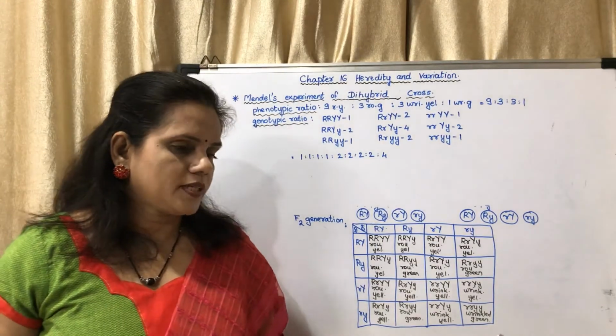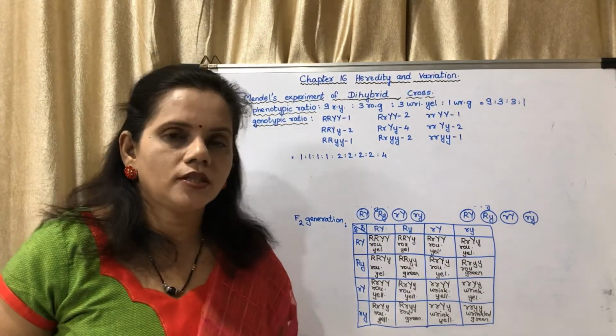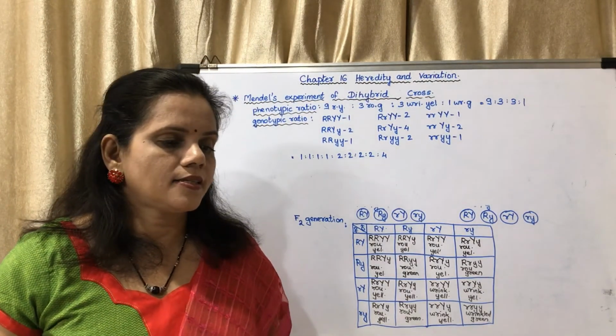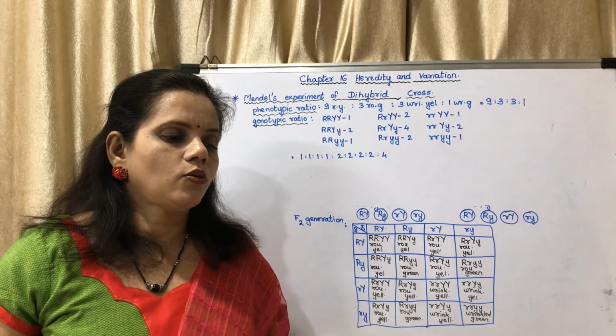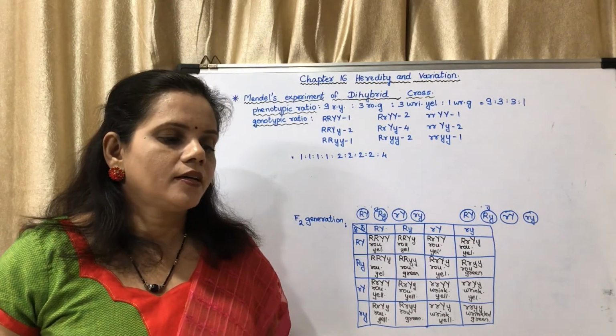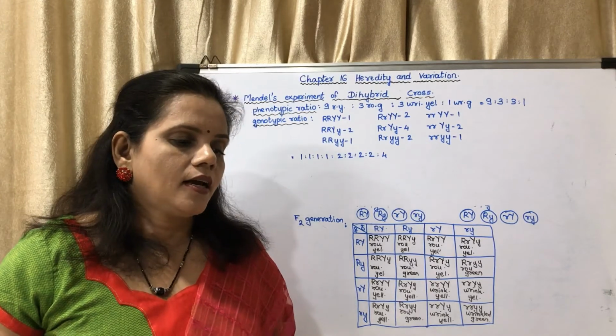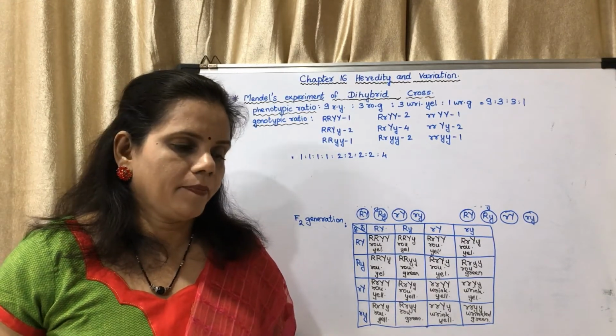Okay, so we may see the use your brain power question. It has been deleted for you this year, but still we will discuss. Phenotypic ratio: round yellow 9, wrinkled yellow 3, round green 3, and wrinkled green 1.